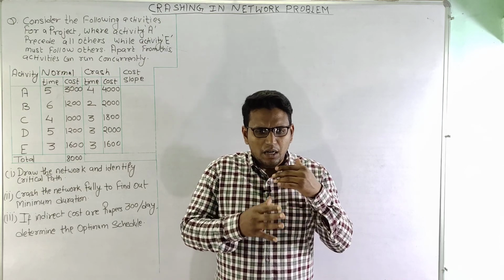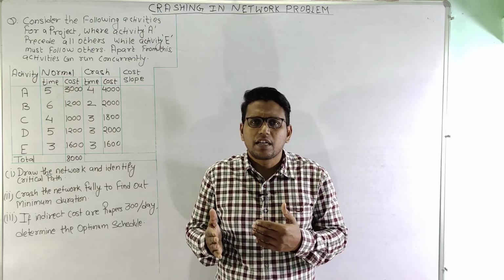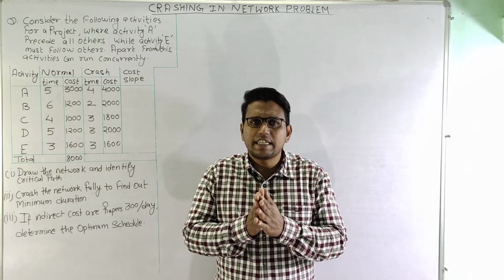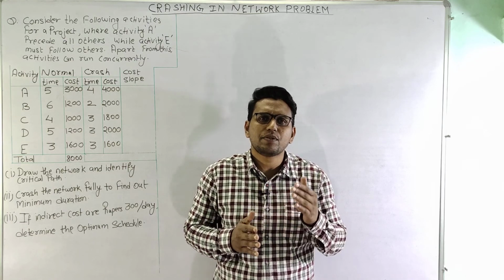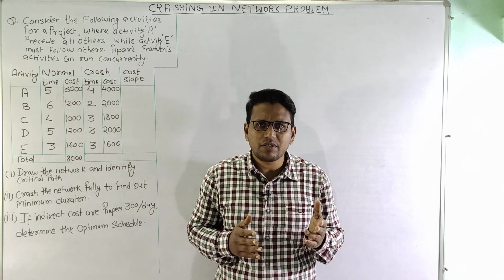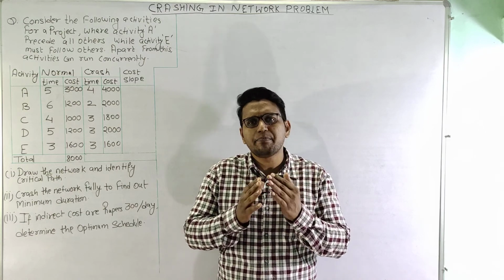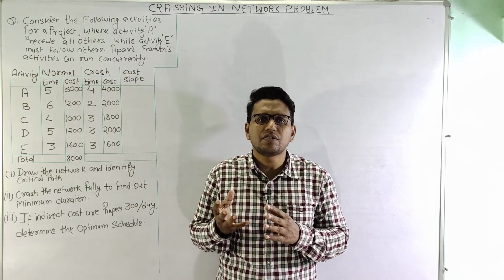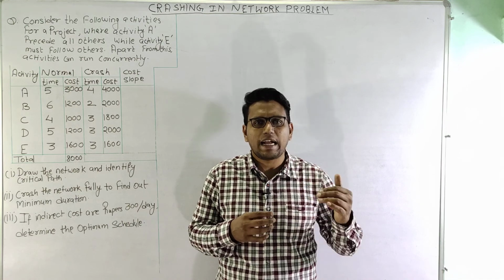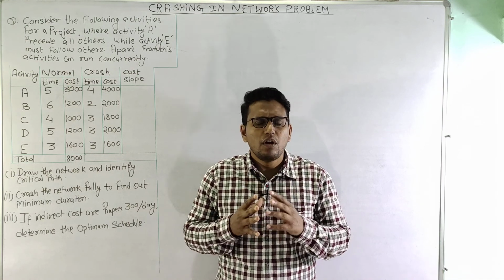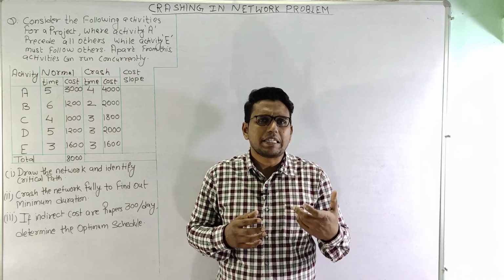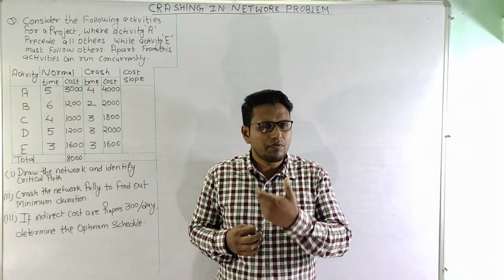Before we move ahead with crashing, we must understand that any project consists of two types of cost: direct cost and indirect cost. The cost that directly depends on the amount of resources involved in the execution of an activity is direct cost. For example, the cost of material, cost of equipment, cost of labor.